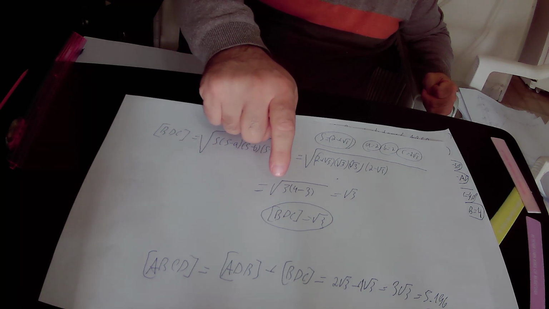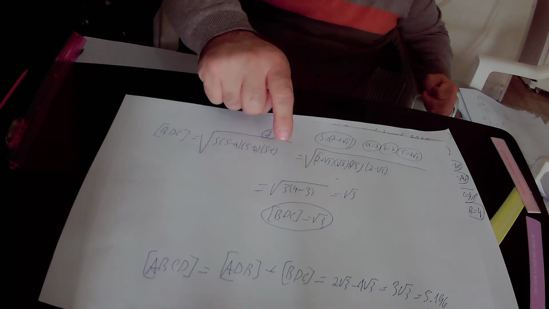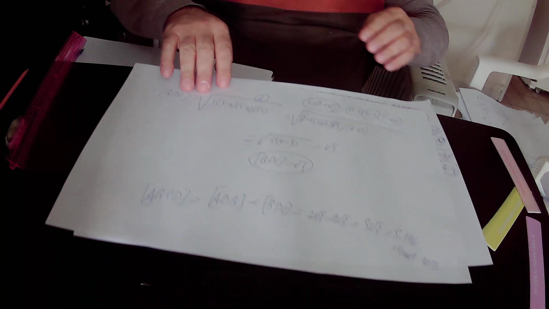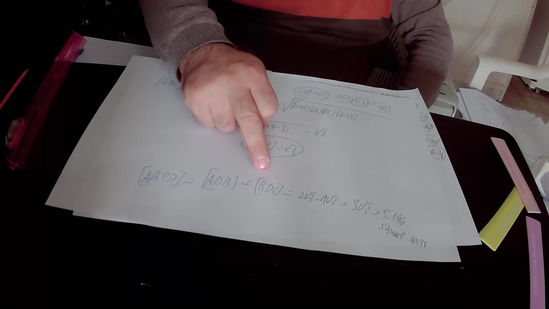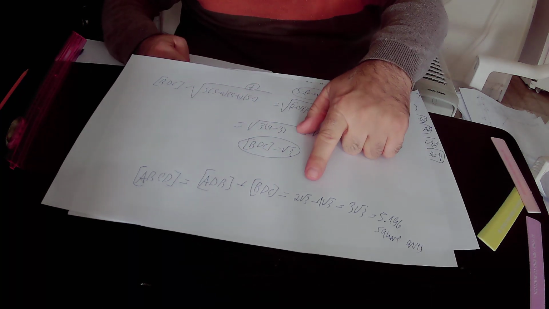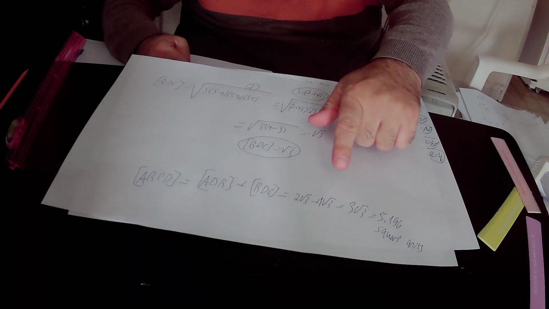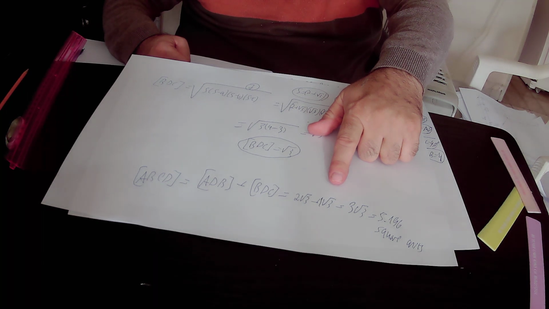So the area of triangle BDC is square root of 3 square units, and the area of quadrilateral ABCD equals the area of triangle ADB plus the area of triangle BDC. The area of triangle ADB is 2 times square root of 3 square units, and the area of triangle BDC is square root of 3 square units.